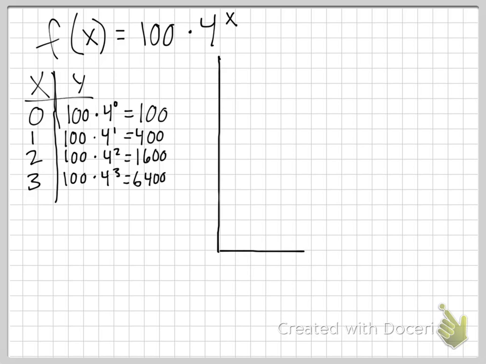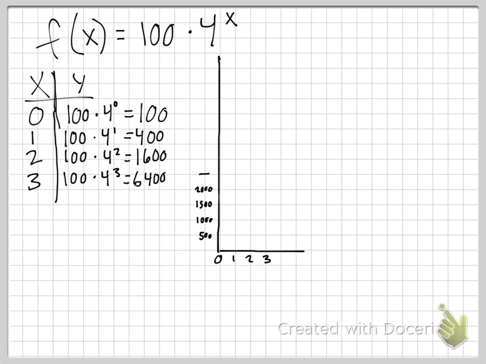So we just need 0, 1, 2, 3 on our x-axis. I need to get up to 6,400. So I'm going to go up by about 500s. 500, 1,000, 1,500, 2,000. I'm actually just going to skip up by thousands.